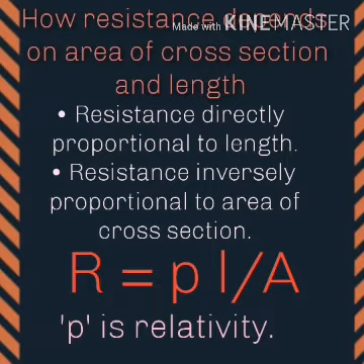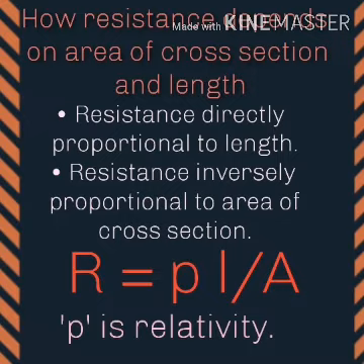Resistance is directly proportional to length and inversely proportional to area of cross section. If R is resistance, L is length, and A is area of cross section.